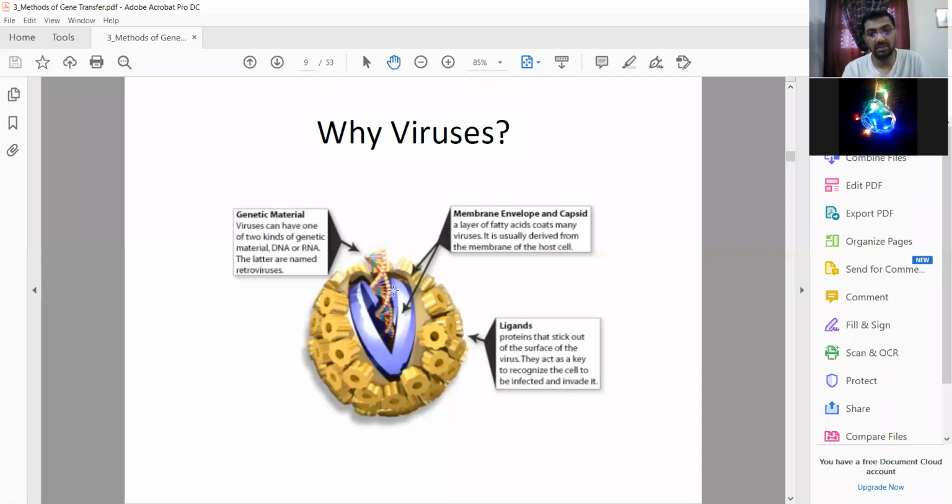They also have a membrane, envelope or capsid on them, made of fatty acids or proteins, and on these coatings they have ligands, which are actually proteins.